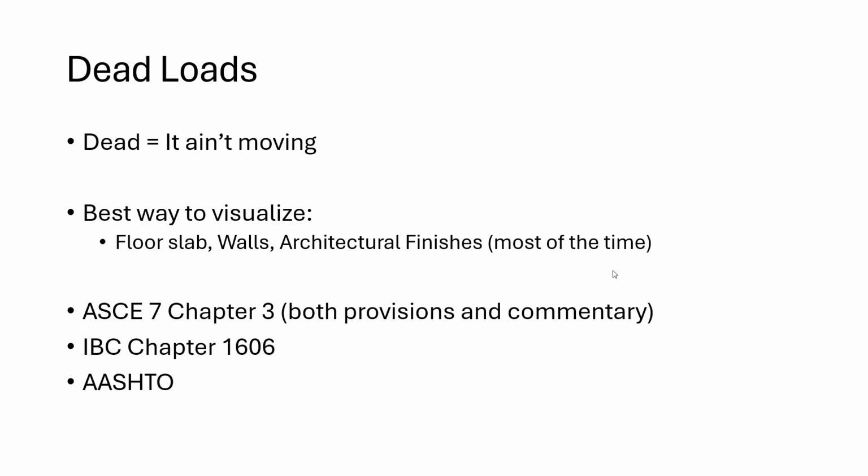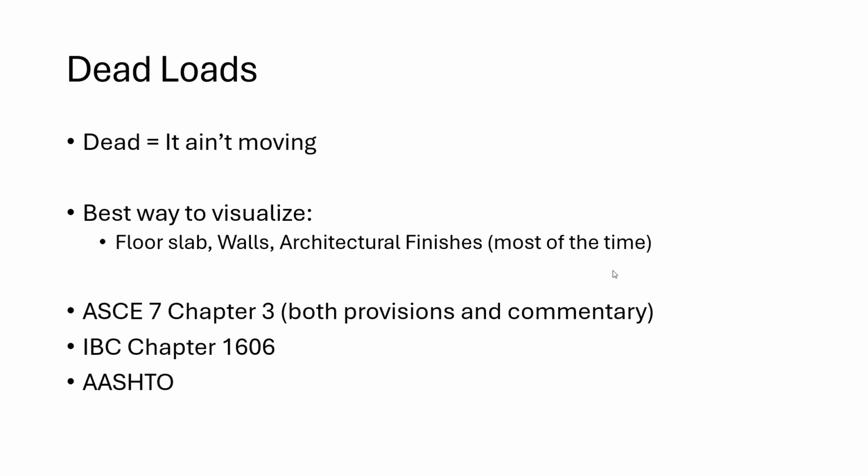And so for the codes that you're going to use as a designer, or throughout studying for licensure exams or even in school, ASCE 7 is the broad code book. ASCE 7-22 is the more recent iteration of this. It's going to be chapter 3. ASCE 7 is broken up, and we'll dive into this later with the code breakdowns.